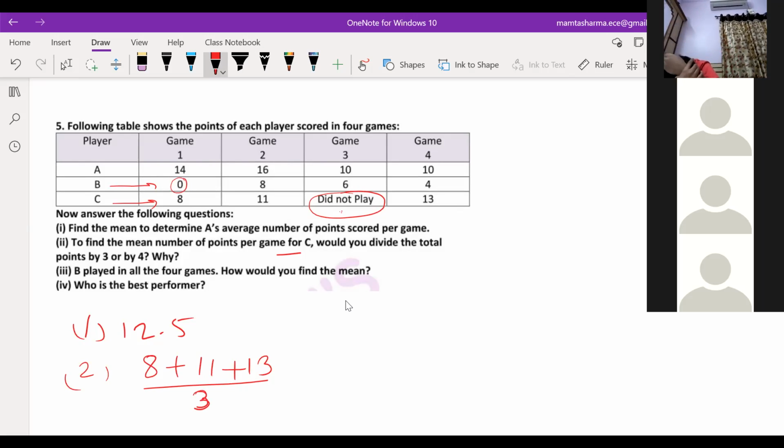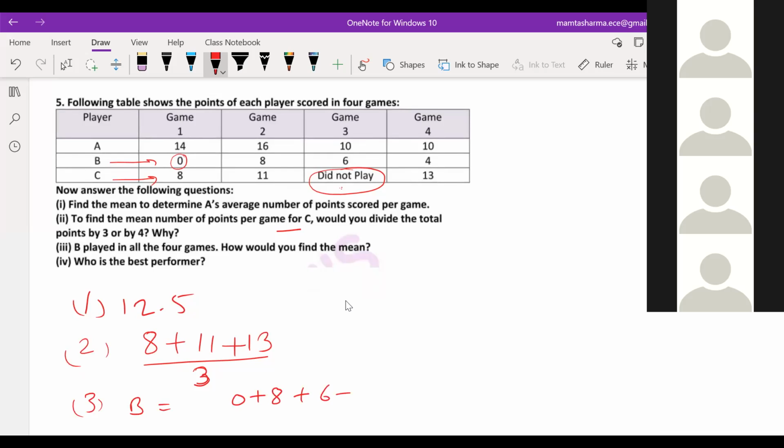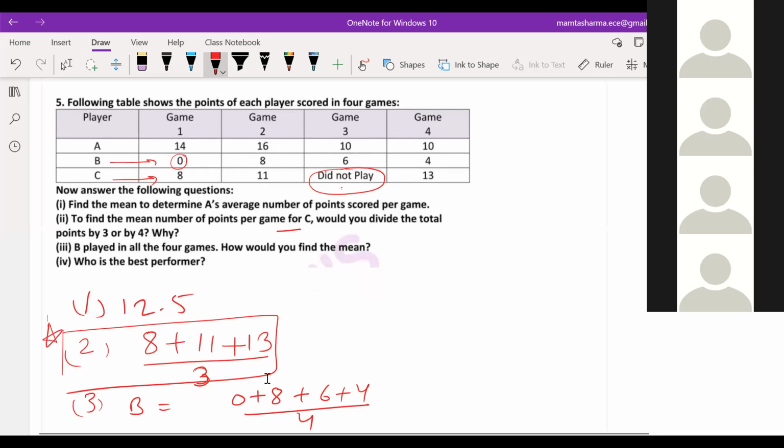So count that game and divide by 4. While calculating for B, take 0 plus 8 plus 6 plus 4 divided by 4. Don't make this silly mistake. The important point to note is that for calculating the average for C, you have to divide by 3.